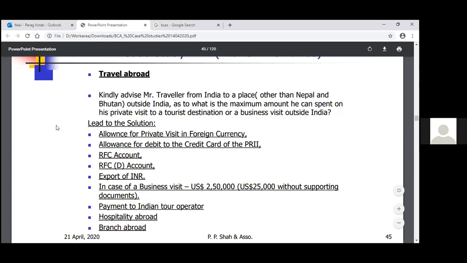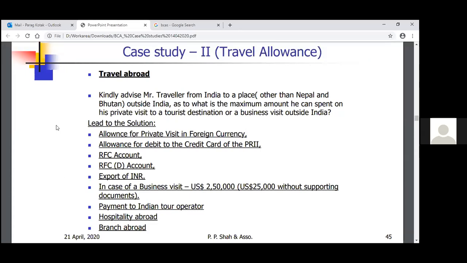And if you are on a business tour, then of course your company can consider the travel allowances where the 250,000 limit does not apply to you. And also, if you are in your own business and you have a branch abroad and you are going for the purpose of the business of the branch which is outside India, then in such a case you can still consider payment of expenses by the branch of Indian operations. Can we go to the next slide, please?